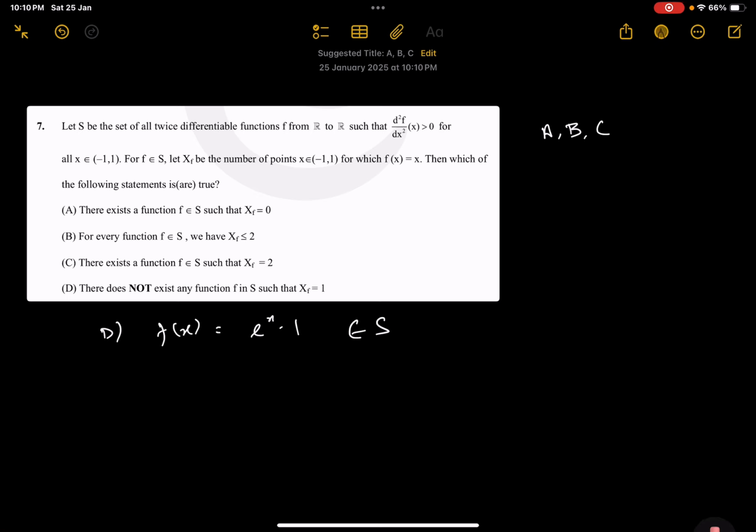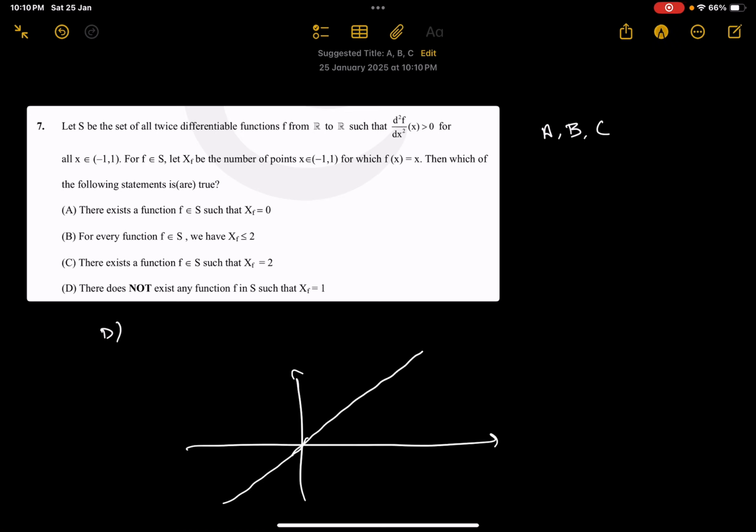So what we need is a function which is tangent to this line. So x to the power 4 won't do.